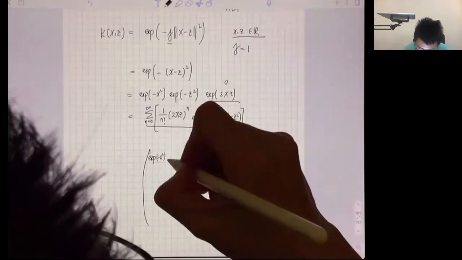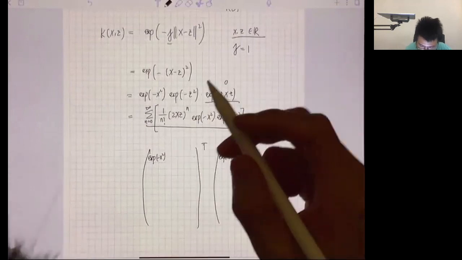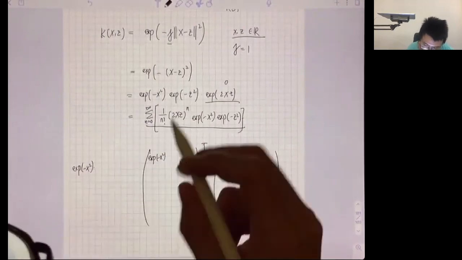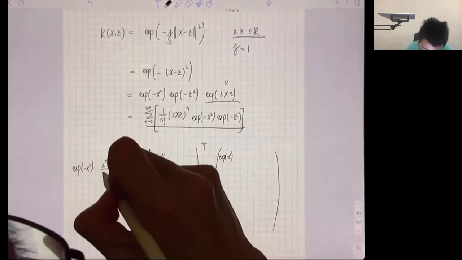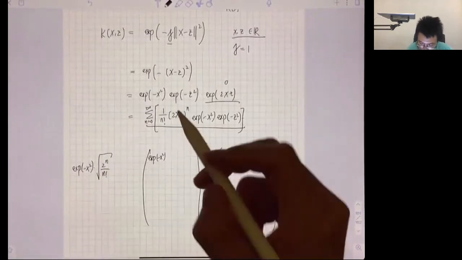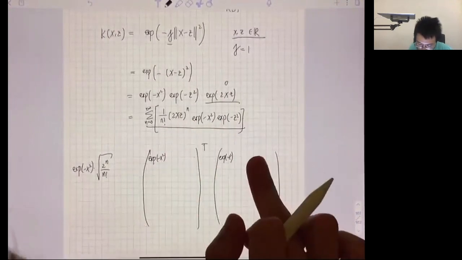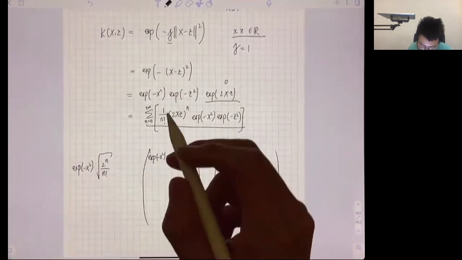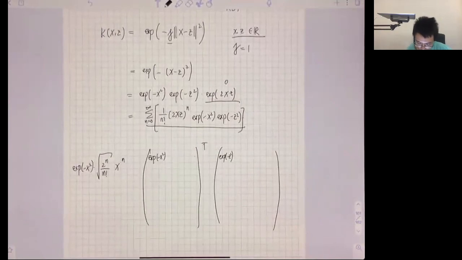And then I can write the exponential of minus x squared, and then the square root of 2 to the power of n over the square root of n factorial. But I only have one term, and I need to distribute it to x and z, so I have a square root of that, and then I have x to the power of n, right?